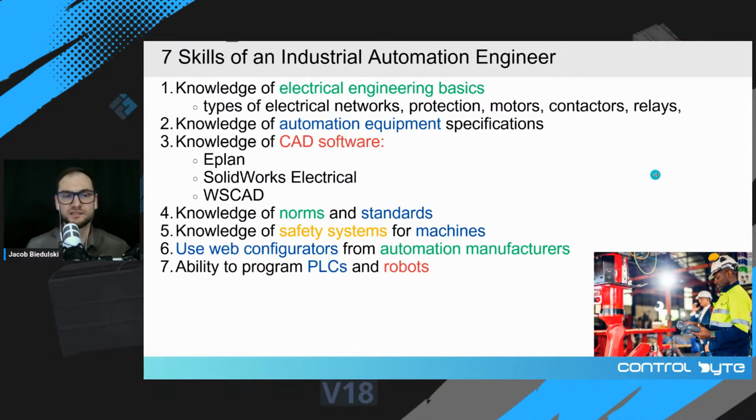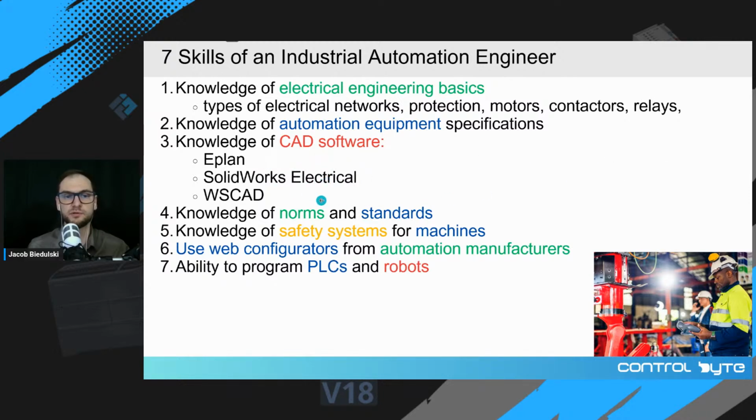So to get a job in automation and robotics, you have to gain some essential skills. You have to know how control cabinets work, how to troubleshoot, and how the devices in the control cabinet operate. You also have to know how to read electrical diagrams created in CAD software like EPLAN, SolidWorks Electrical, and so on.